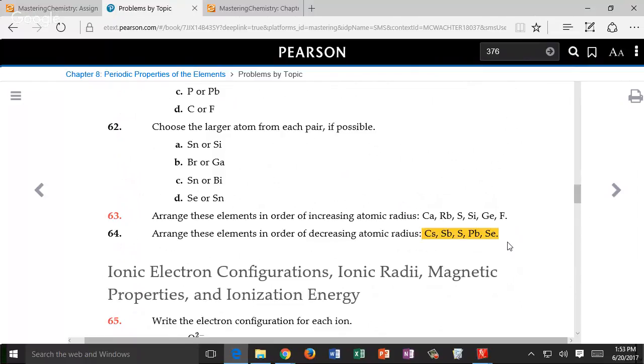Okay, so it's always easiest to do the comparisons when they're either right on top of each other or in the same period. Sulfur and selenium are in the same group, so we know selenium's got to be bigger than sulfur because it's right underneath it. So we can put this one here.